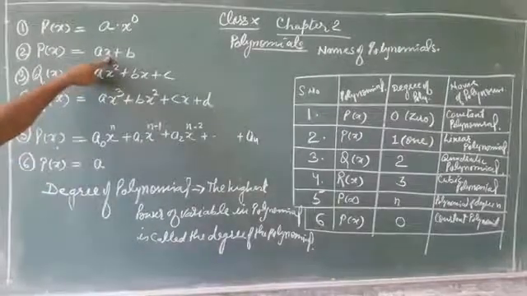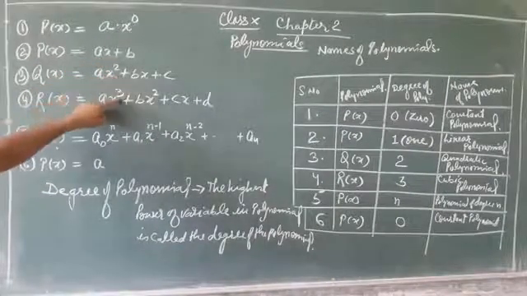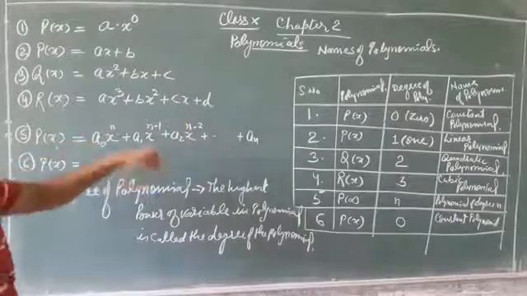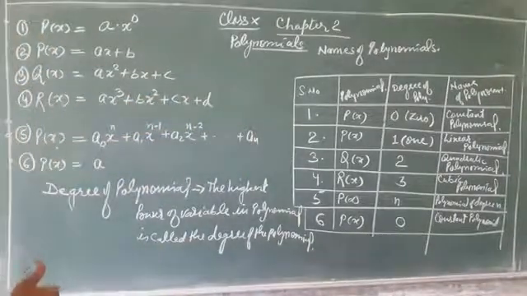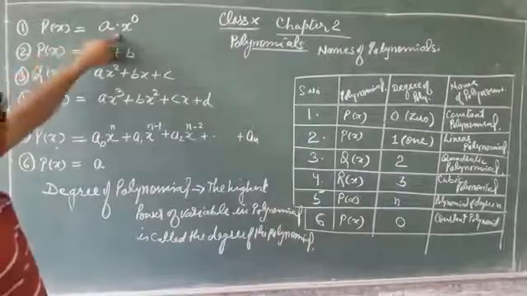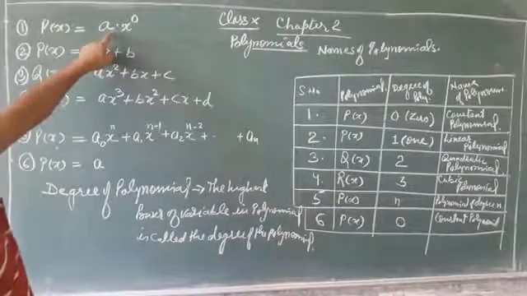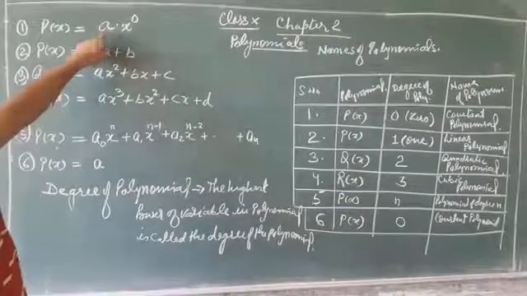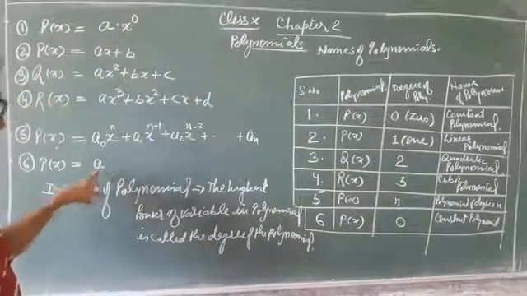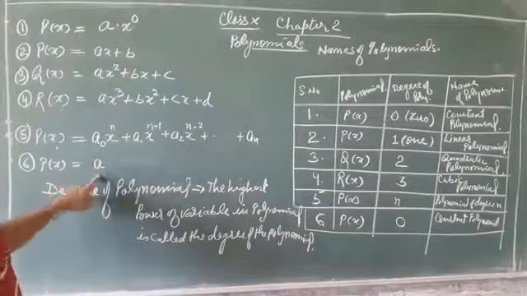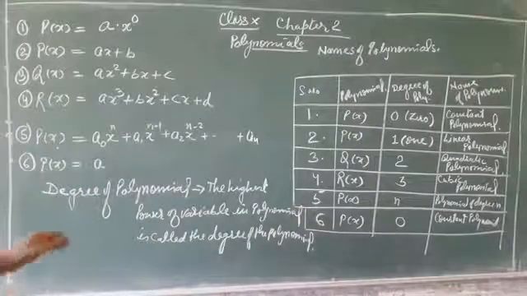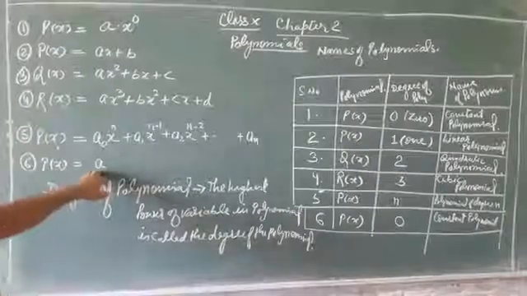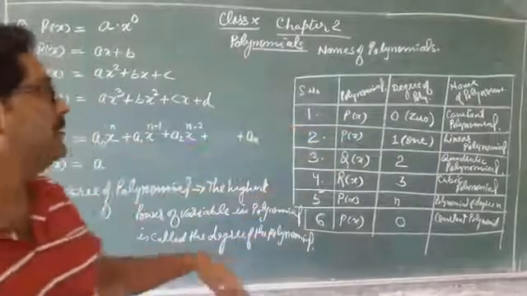The degree is 1, degree is 2, degree 3, degree n, and the nomenclature is the name of polynomials. So this is constant because we can write it as a x to the power 0 as a, only a. There is constant, so we can call it a constant polynomial.